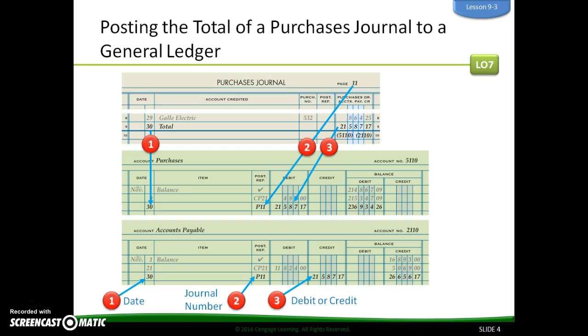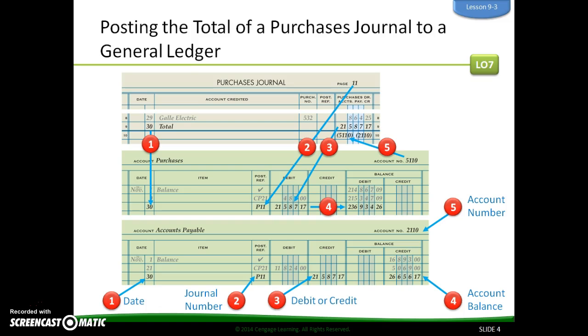You can see that we are using the correct totaled amount, and you can see then that in our purchases journal, it's a debit, and in our accounts payable, it's a credit. So we've got our purchases where we have a debit, and our accounts payable we have a credit, and we have totaled our account balance section, and we have a debit balance in our purchases, and we have a credit balance in our accounts payable.